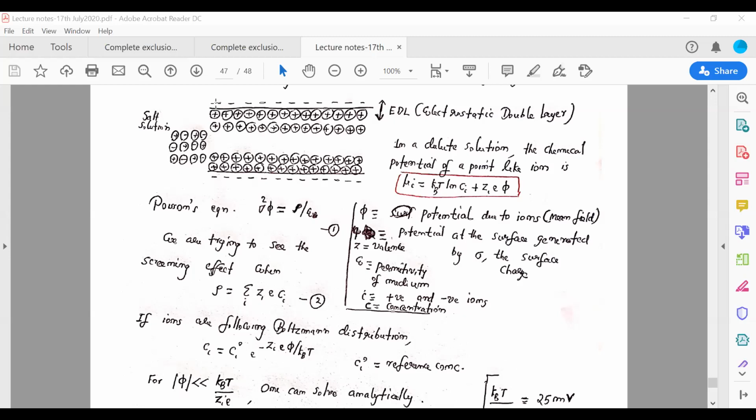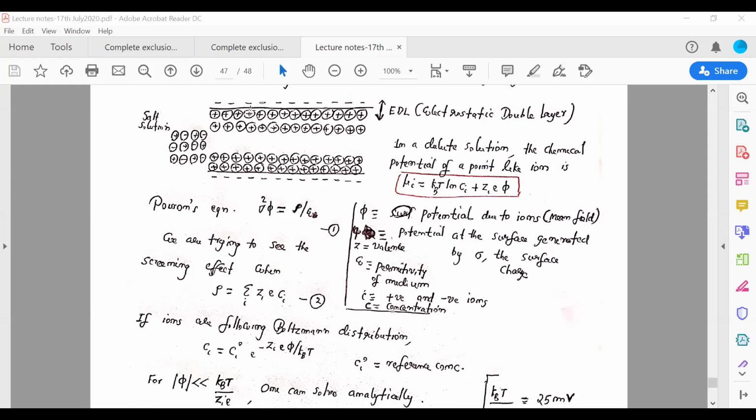If your field is penetrating, that means you need more charges to screen. If you don't have so many of these charges, the incoming charges will experience this electrostatic force. If you have enough ions, then those ions will screen.